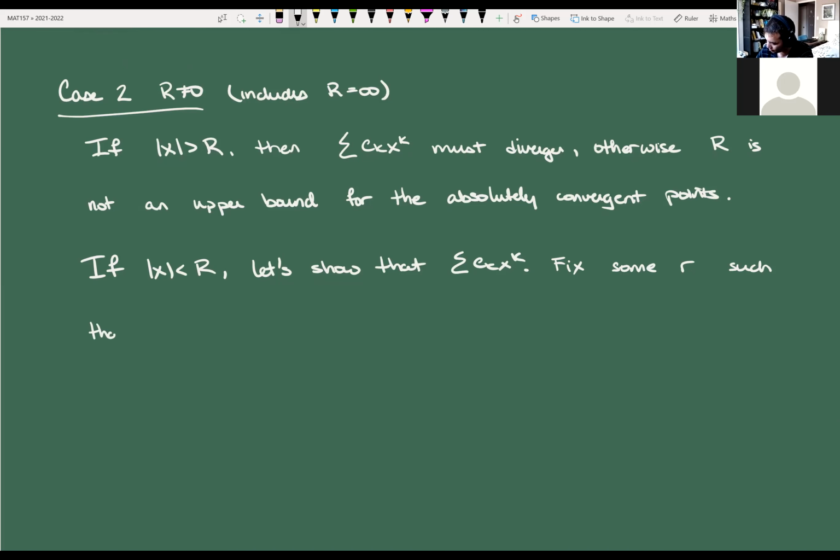If I can say all of these things are less than 1, then my left-hand side is bounded by a geometric series, which converges by the basic comparison theorem. I'm done, right? So I'd like to bound this thing by 1. Why do I know I can bound this by 1? Not necessarily for all k, but eventually they're all bounded by the number 1. Why can I do that?